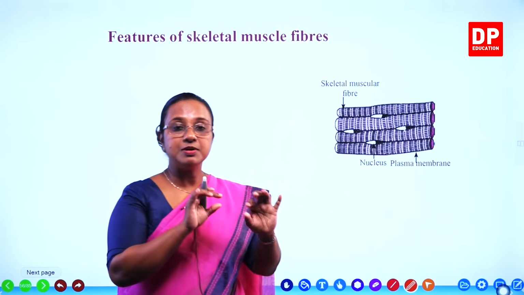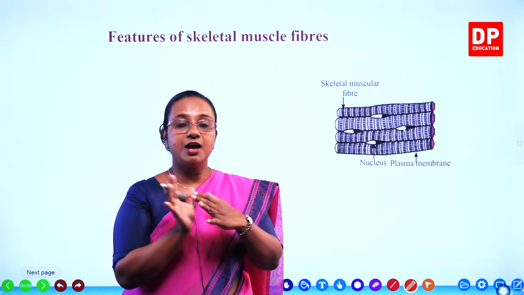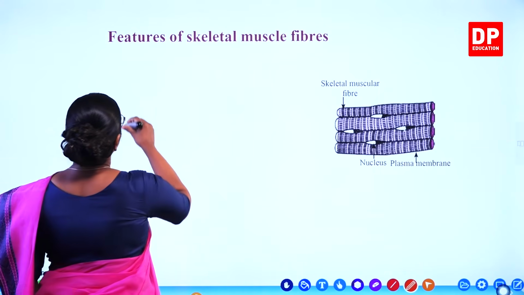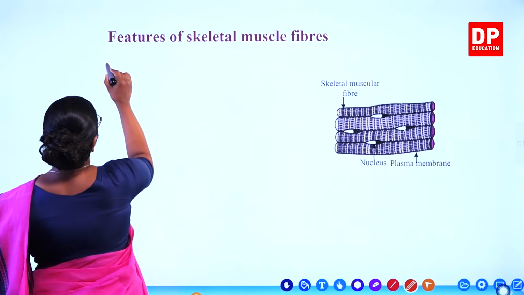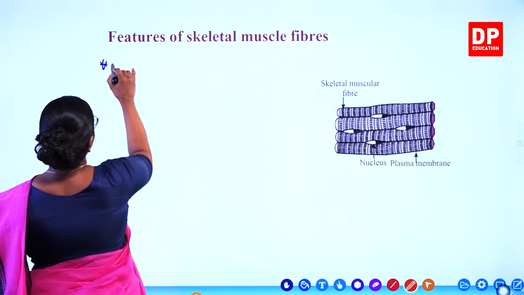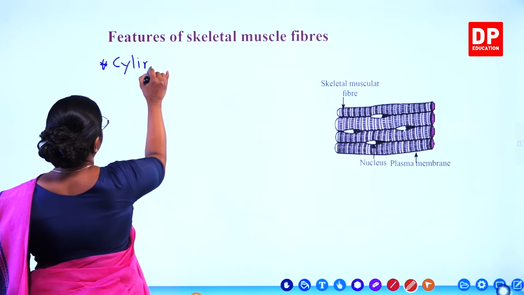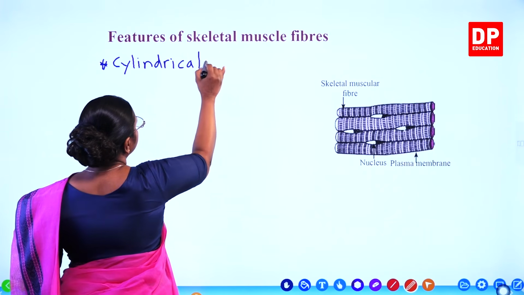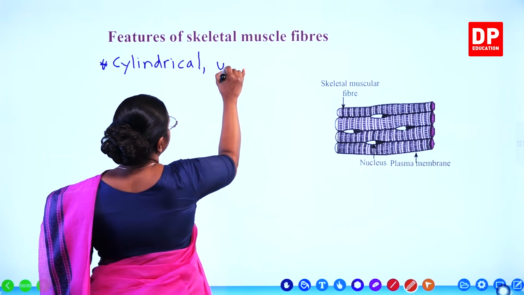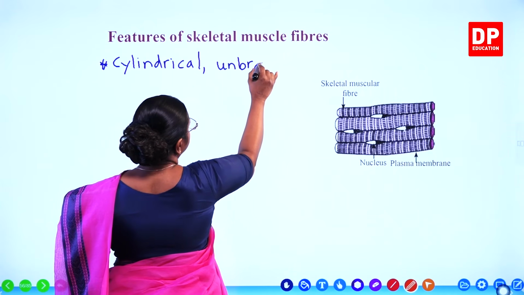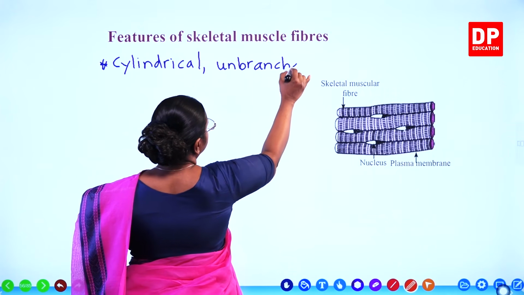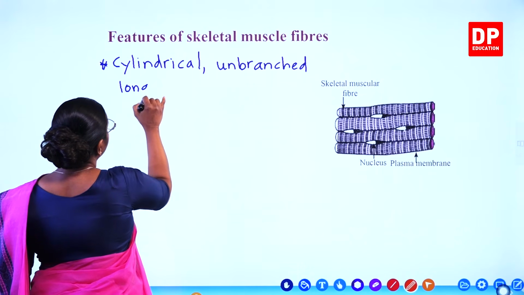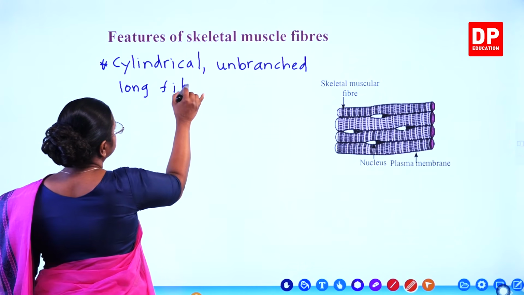The muscle fibers are all straight, they are not branched. So that is the first feature of muscle fibers: cylindrical, unbranched, and long fibers.